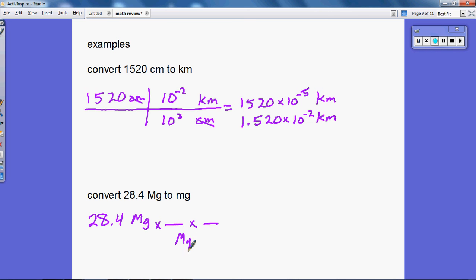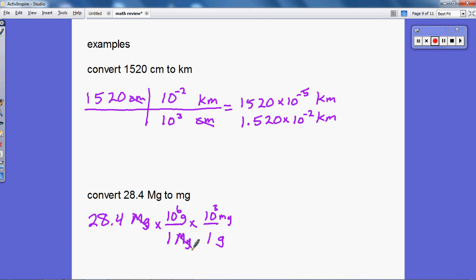I'm going to go from megagrams to grams, and then I'm going to go from grams to milligrams. I know that 1 megagram is 10 to the 6 grams, a million. I know that 1 gram is 1,000 milligrams. I'm now ready to do the conversion.